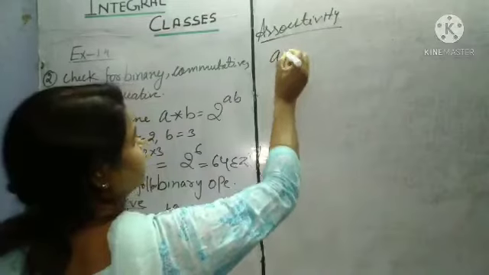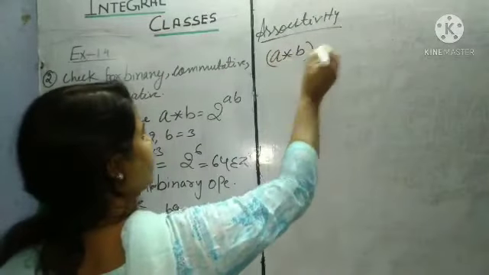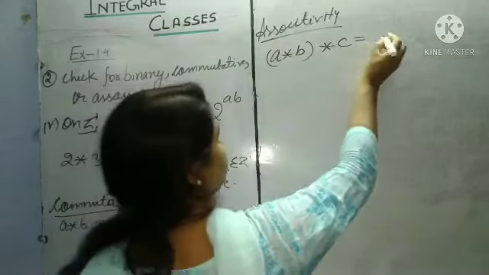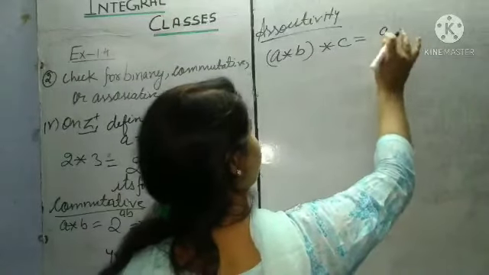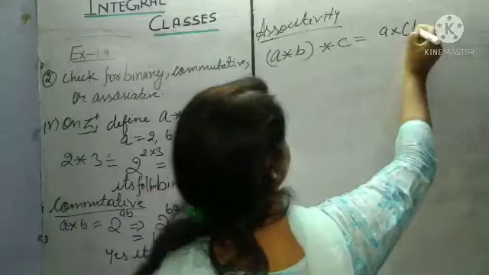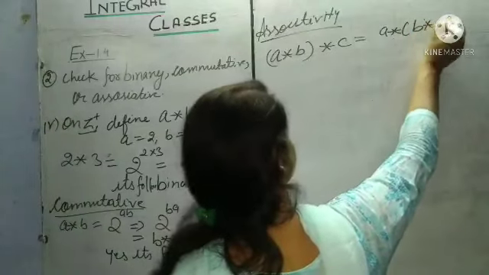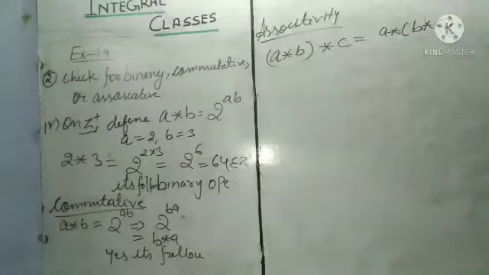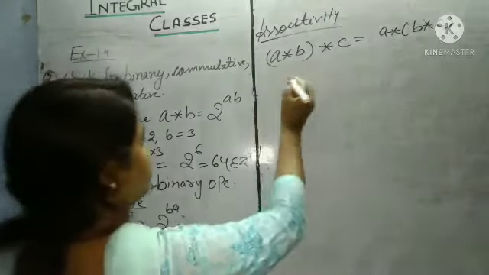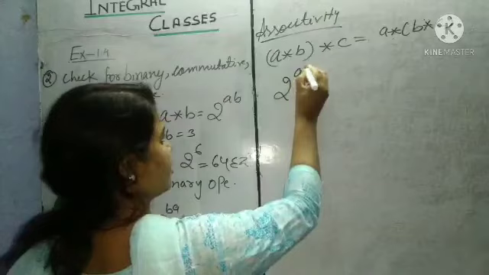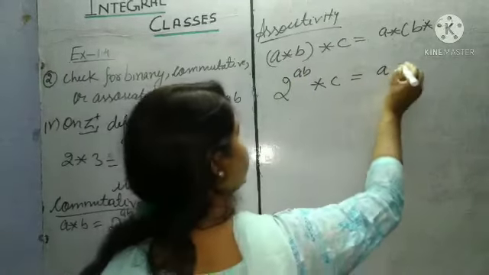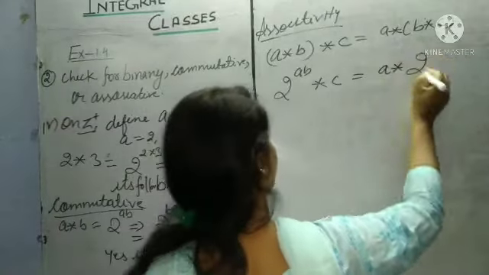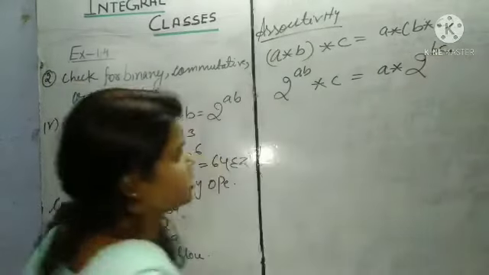Again A star B star C equals A star B star C. Now A star B is what? 2 exponent AB, star C. A star B star C is what? 2 exponent BC.